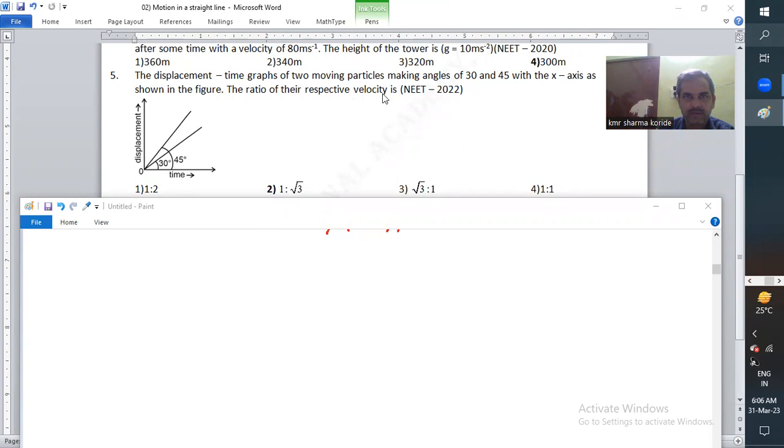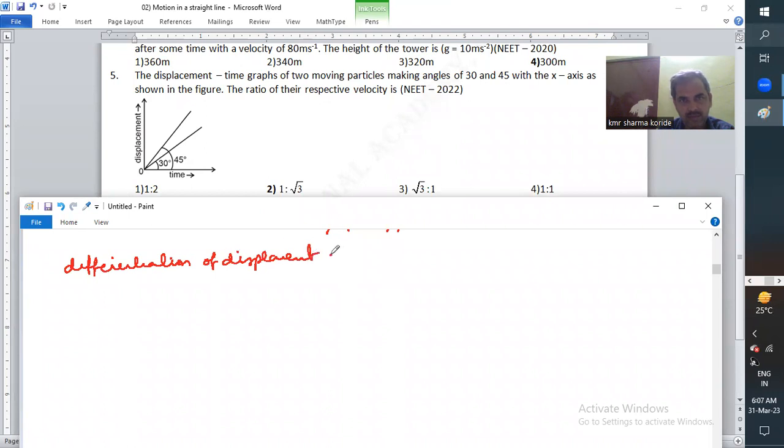The ratio of their respective velocity is, so remember, differentiation of displacement gives velocity. This leads to slope questions.